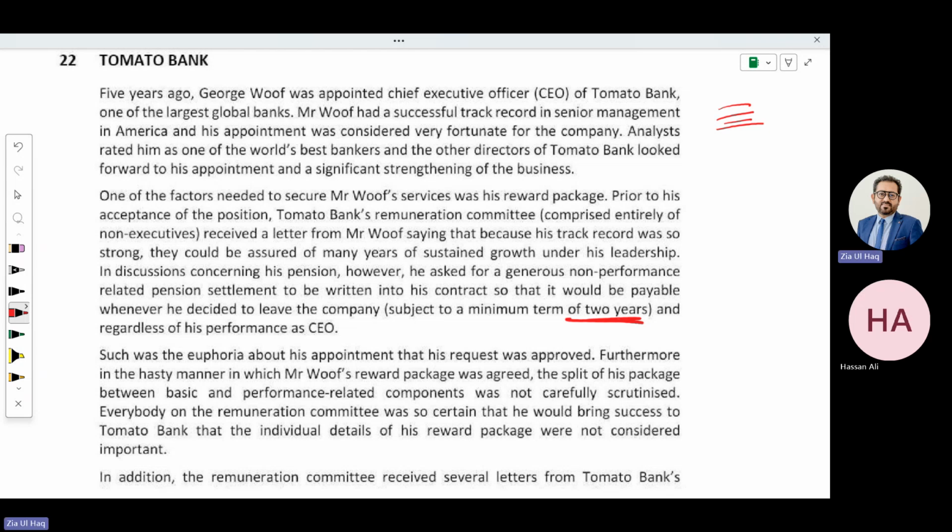And if they are approving his request, setting a long-term benefit as short-term based on his influence, this is again not a good remuneration policy set by the remuneration committee. Two paragraphs: elements and the person should not be independent.